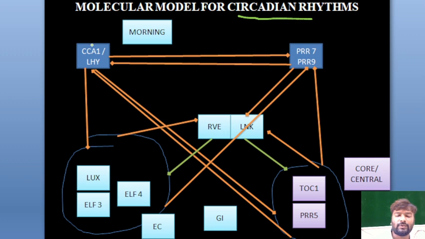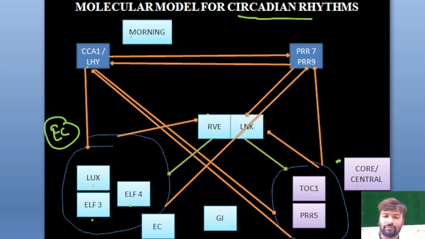rhythms. So friends, as discussed, this is the CCA1 and LHY genes, which are known as morning expressed genes, and this is TOC1 and PRR5, the core or central regulators associated with the PRRs. So this core central regulator regulates your evening complex too. This evening complex is made up of LUX, ELF3 and ELF4.